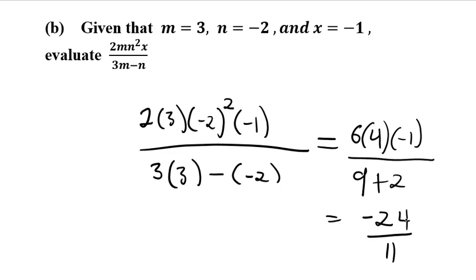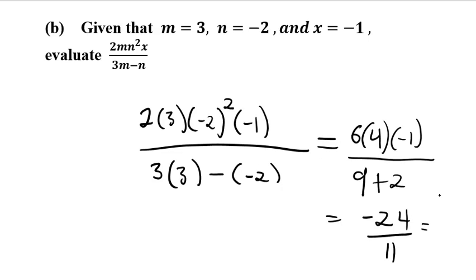Now this is in the form of an improper fraction, so it will be advisable to leave our answer as a mixed fraction. So this 11 goes into -24 how many times? It goes into that 2 times, remainder 2.